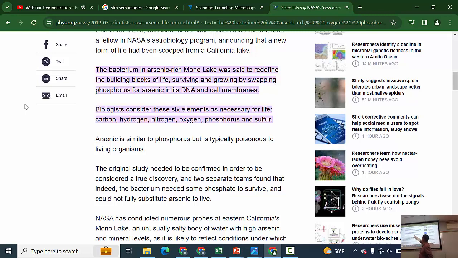Biologists consider these 6 elements as necessary for life. Carbon, we're mostly carbon, I think. Or actually, maybe hydrogen and oxygen because we have a lot of water. We can look at the percentages of carbon, hydrogen, nitrogen, oxygen, phosphorus, and sulfur in our bodies. Arsenic was similar to phosphorus because it's in the same family, but it's typically poisonous to living organisms.